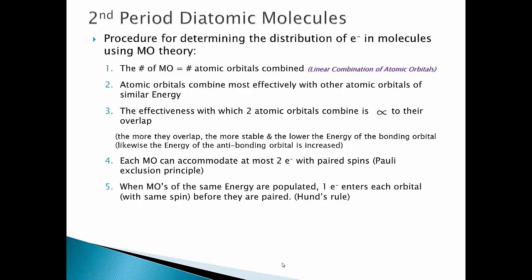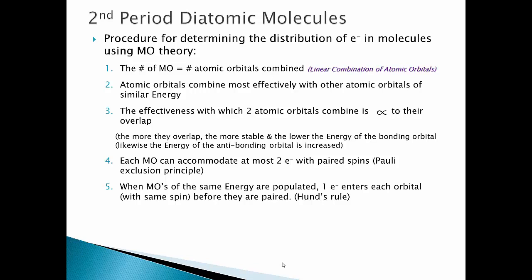Let's look at our second period. They're a little bit more difficult when we get to the second period, but the principle is the same. The molecular orbital is the sum of the total number of electrons in the atomic orbitals combined. Atomic orbitals combine most effectively with atomic orbitals of similar energies.